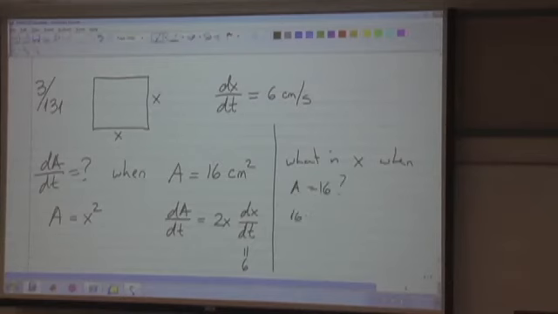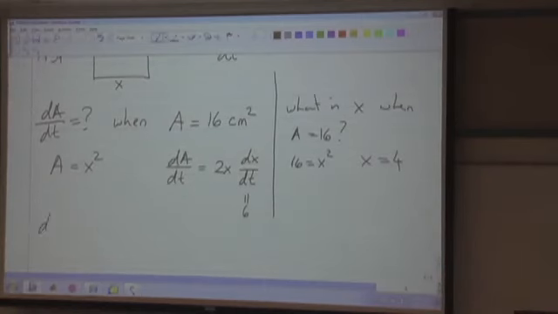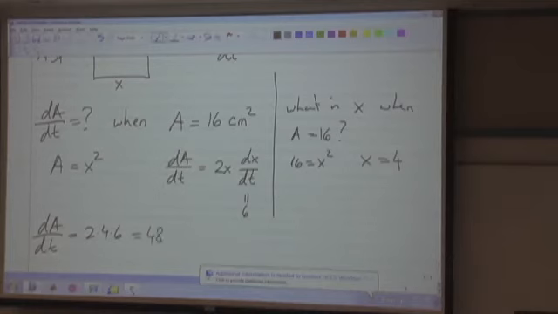Well, 16 is equal to x squared, and that means x equals 4, right? That's our answer. That's just x. dA over dt then is equal to 2 times 4 times 6, which gives us 48 centimeters squared per second.